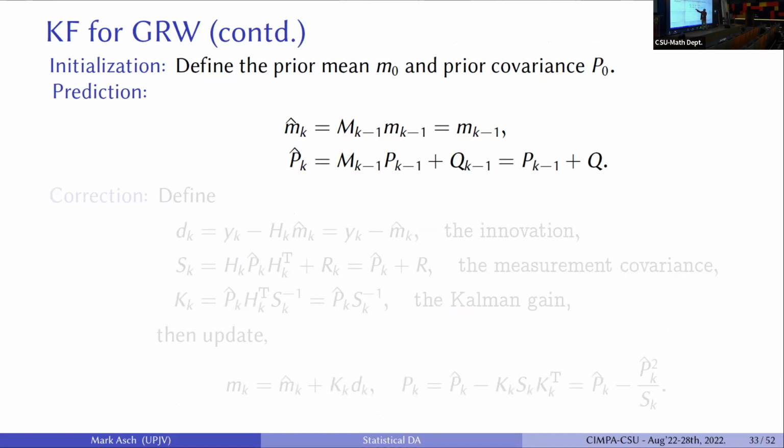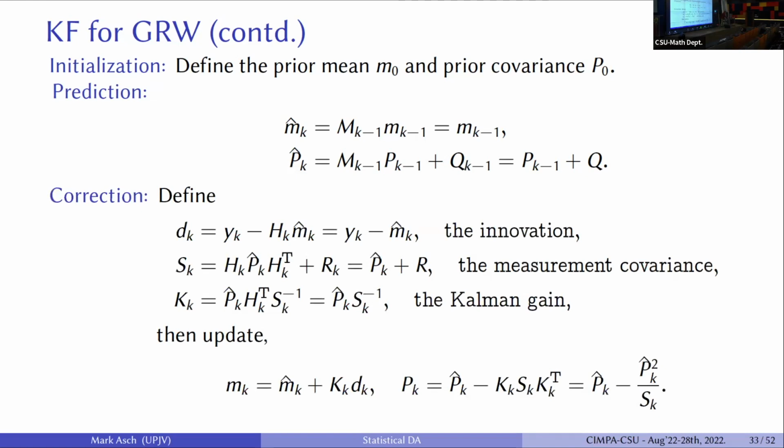Then I project the covariance matrix using the dynamics equation, M P_{k-1} M transpose plus Q, but M equals 1, so it's just P_{k-1} plus Q, because I've assumed here that Q does not change over time. It's time independent. So that's already my prediction.